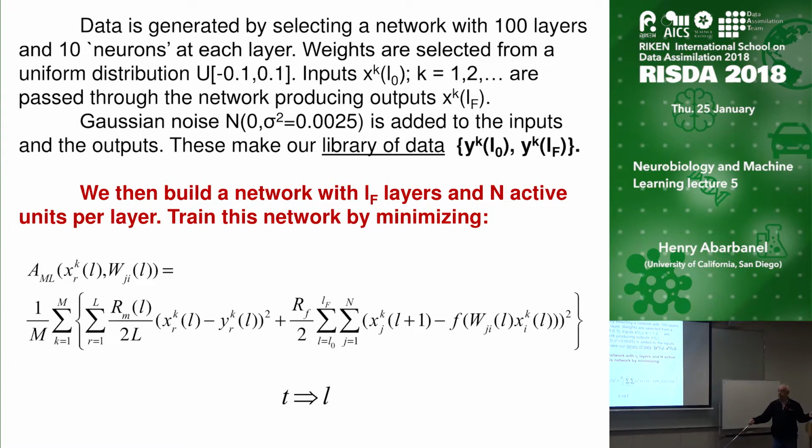We have a definite operation on inputs and outputs. And then we put in 10-dimensional inputs and took out 10-dimensional outputs. And we added noise to them and put that in our library for our noisy inputs and outputs. And now we said, build a machine that recognizes those data sets: noisy inputs, noisy outputs of a certain structure.